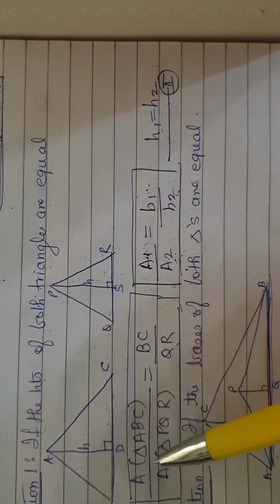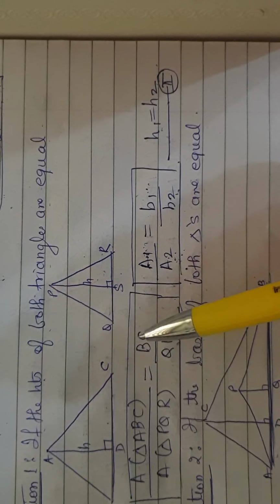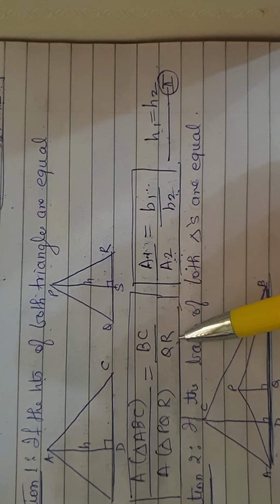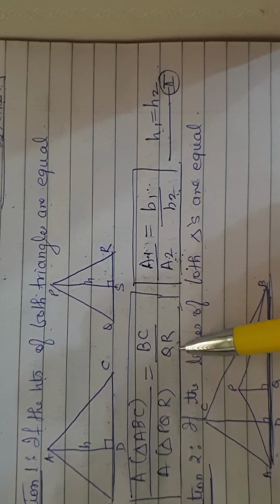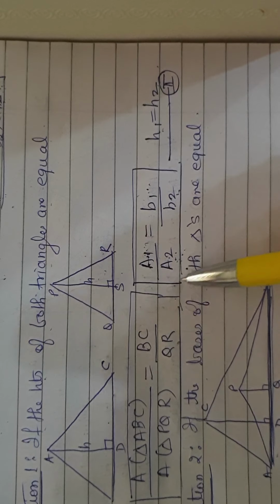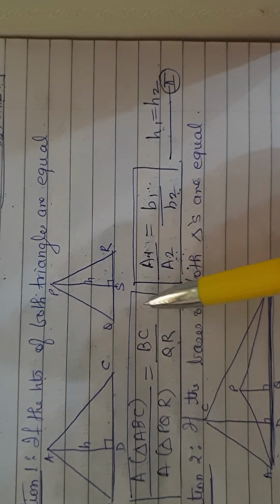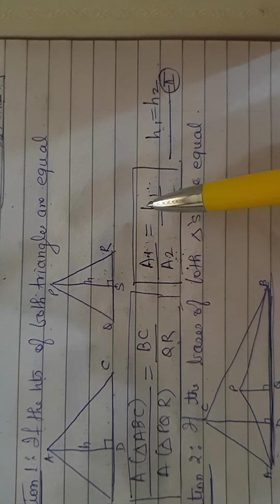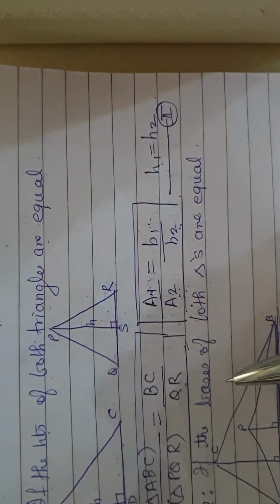The condition will be area of triangle ABC upon area of triangle PQR will be BC upon QR. That means areas are proportional to their bases if the heights are equal. So if the heights of both the triangles are equal, then the areas are proportional to the bases. So A1 upon A2 will be equal to B1 upon B2 if the heights H1 is equal to H2.